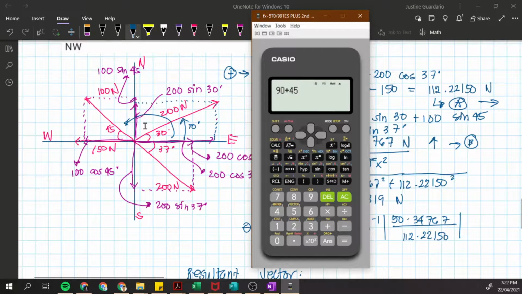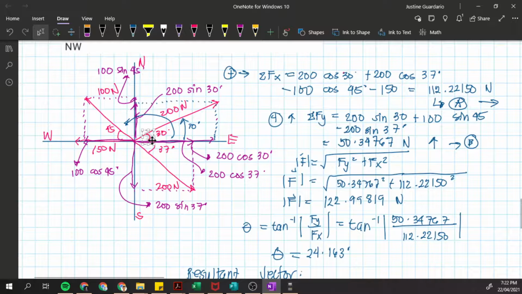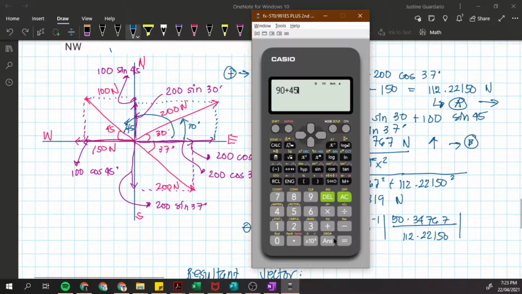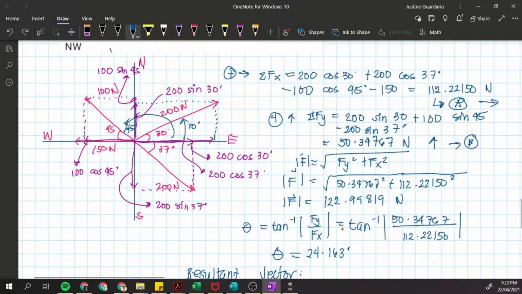So, para makuha ko tong angle na nasa blue, yung paikot na blue, I just add 90 plus 45 kasi this angle, since we know that this angle is complementary. Okay, 45 to, 45 to. Dapat complementary sila. So, we have here 90 plus 45, that is equal to 135 degrees.